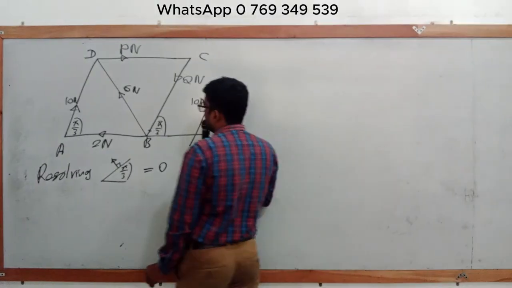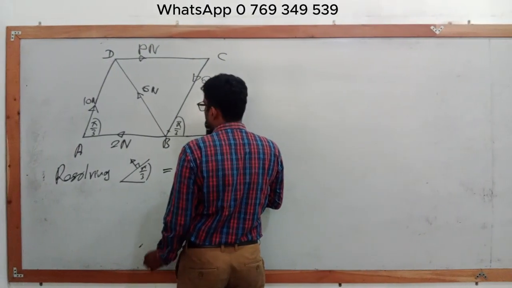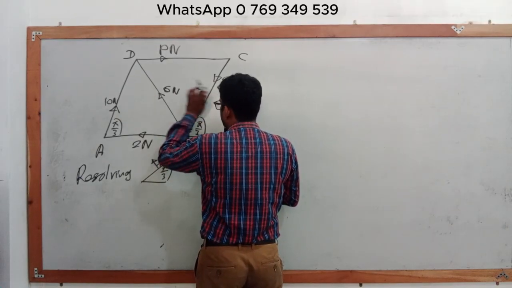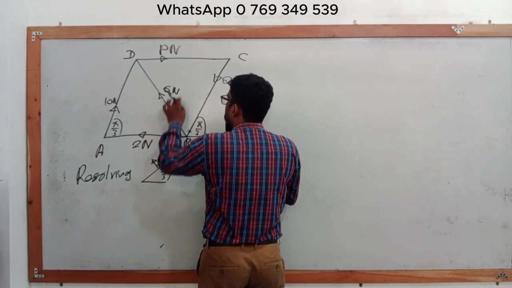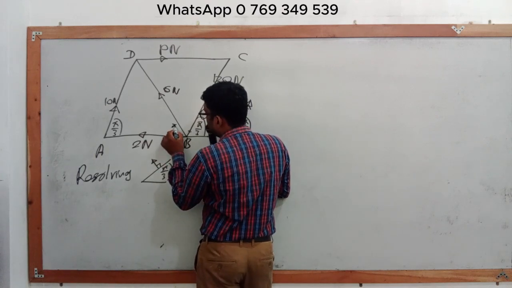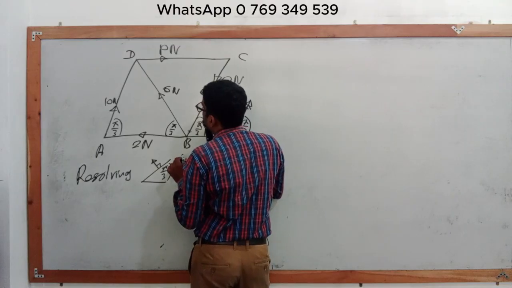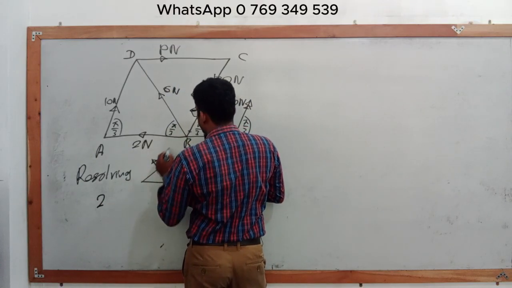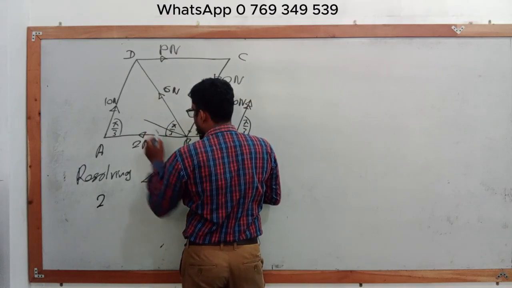Now, we can't take this one and this one because these are parallel to the resultant. So take these three. This one also pi by 3. What is the perpendicular line like this?